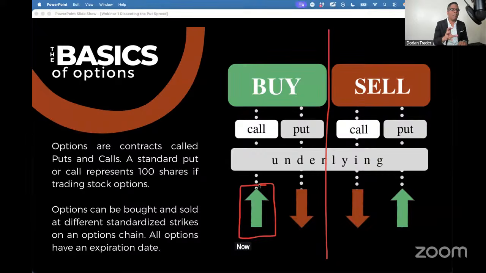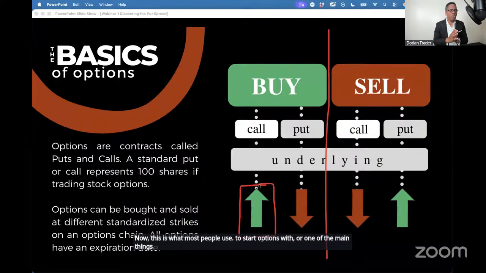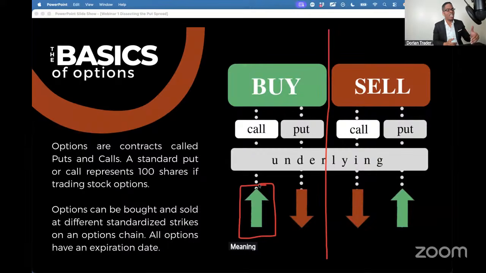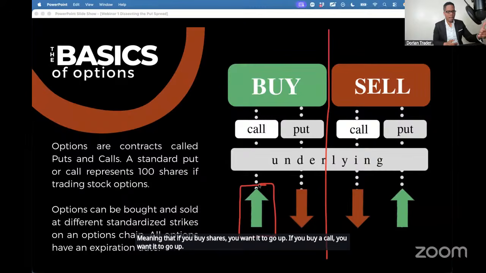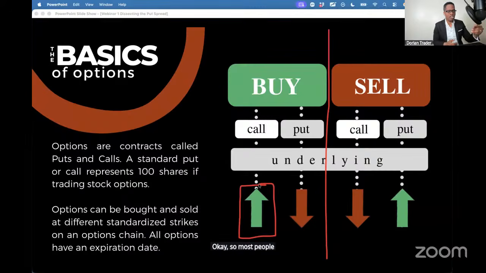Now, this is what most people use to start options with, or one of the main things. I say this is number one because it mirrors the buying of shares the closest. Meaning that if you buy shares, you want it to go up. If you buy a call, you want it to go up. And so most people start option trading with buying calls.